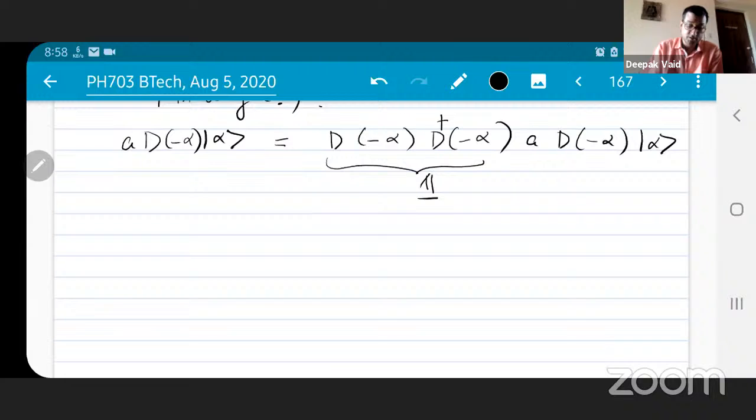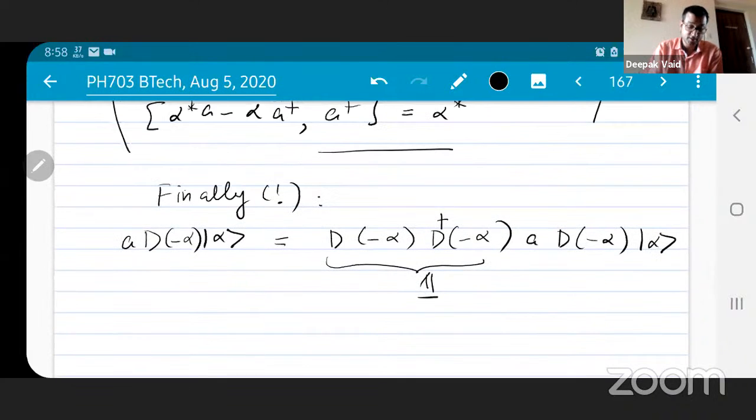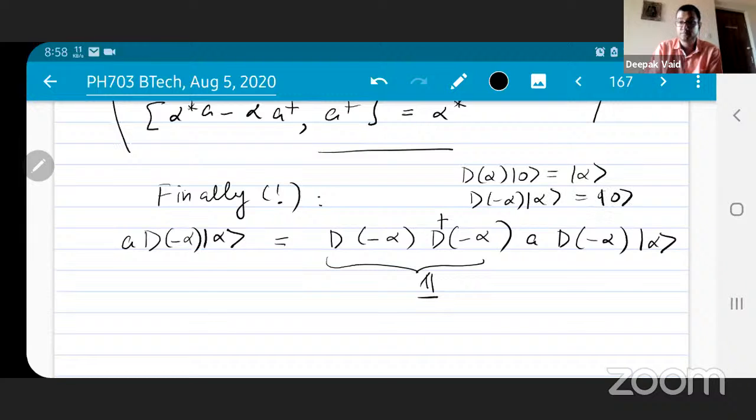Okay, so what we want to prove is that D alpha acting on 0 is equal to alpha, right? So this implies that D of minus alpha acting on alpha should give me 0, since D of minus alpha is the inverse.